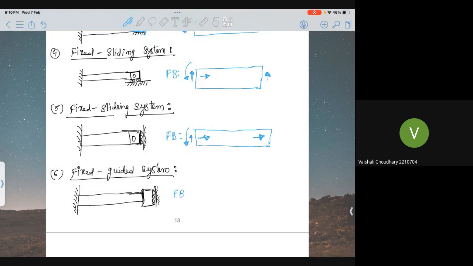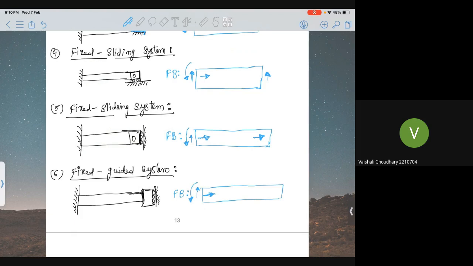If we draw the free body diagram, then for the fixed end, again same forces: horizontal, vertical, and rotational forces.